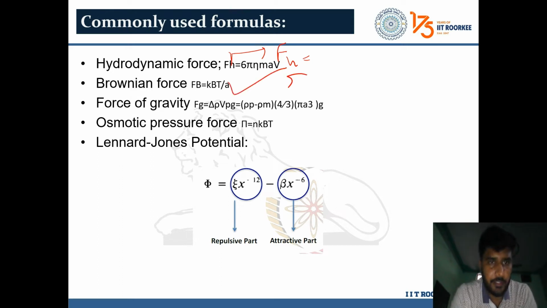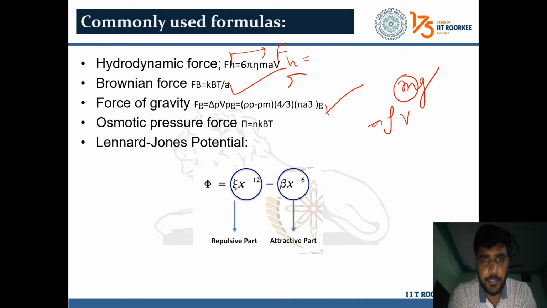Similarly, the Brownian force and the force of gravity, which is simply mg, and you can expand it, the mass is equal to density into volume, and these things are already done here. These are basically the subscripts, rho p minus rho m.